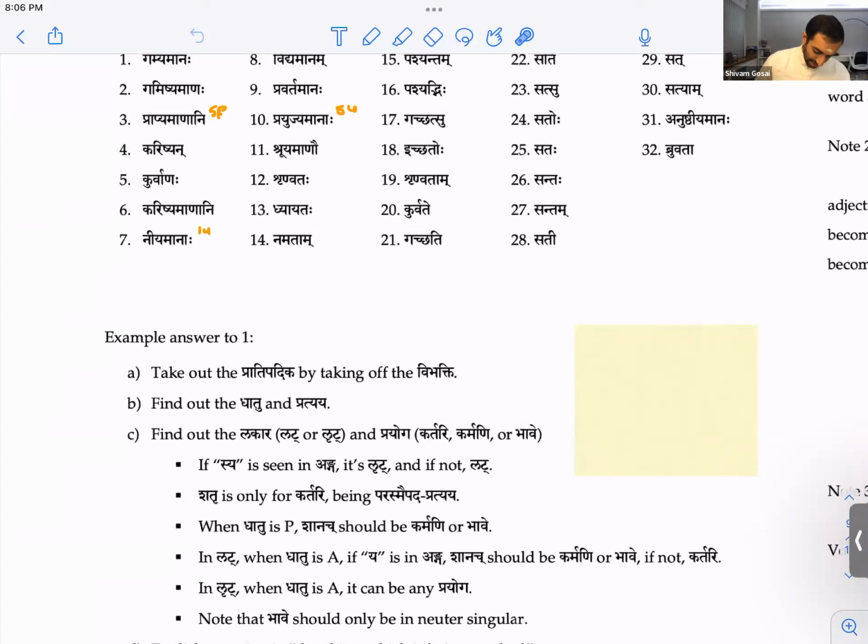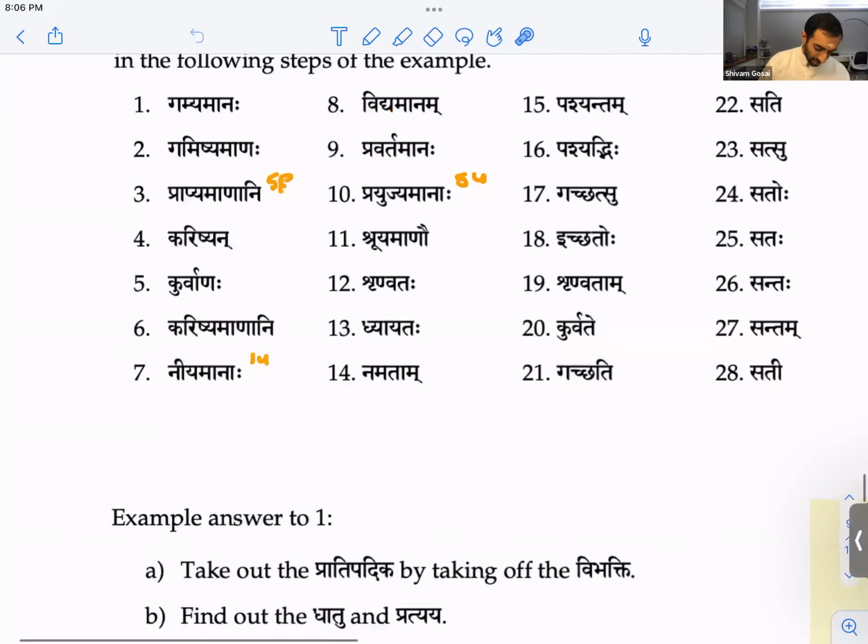Now, because you see shatru, it has to be kartari. If it was atmanepadi, then it would automatically be Śānac.